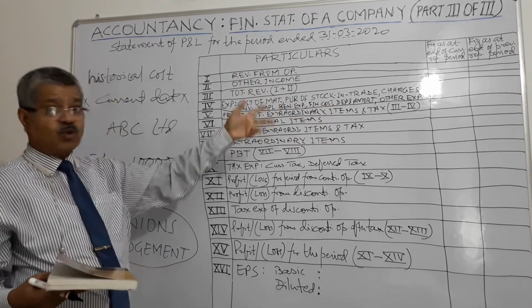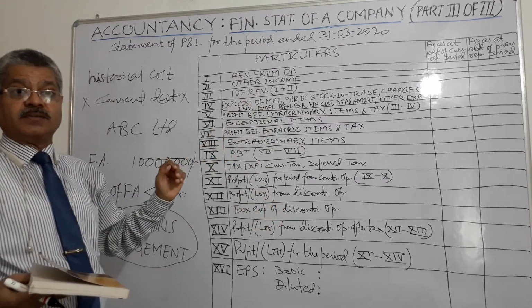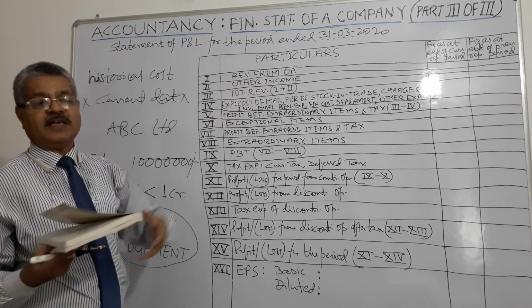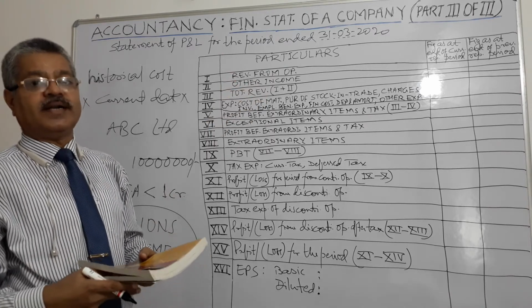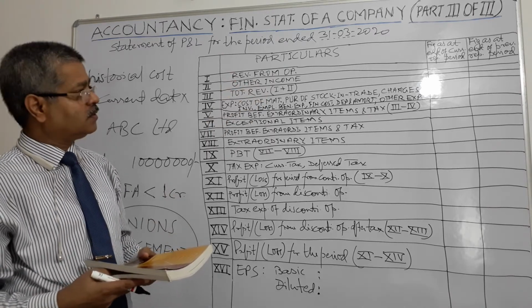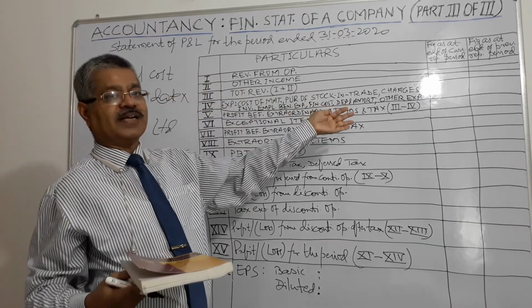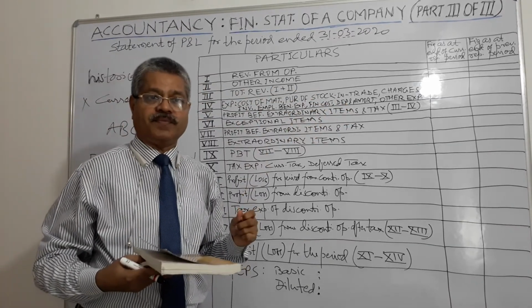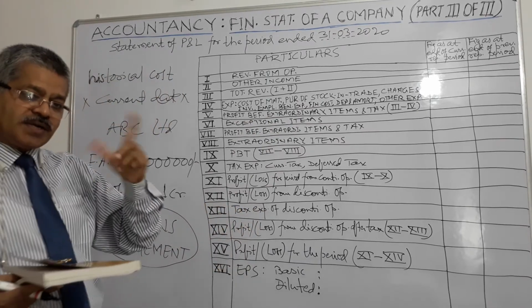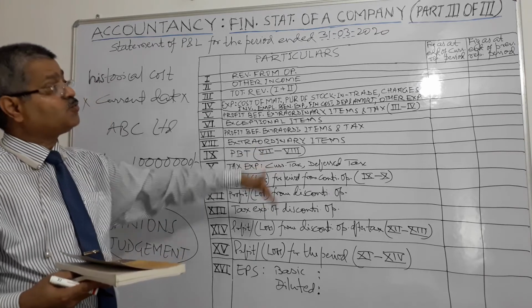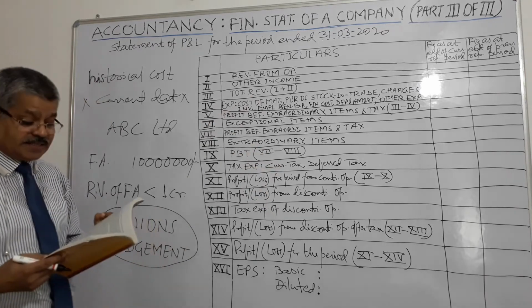It will come nowhere in the financial statements, nowhere, right? Suppose last year ABC Limited had contracts with 200 customers. This year it is having contracts with only 175 customers. 25 contracts have been cancelled due to whatever reasons. So those things will not be reflected in the financial statements.